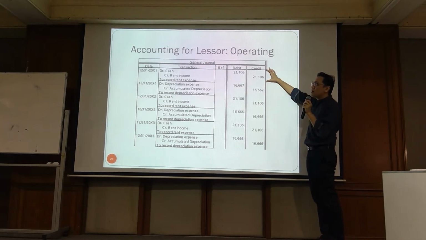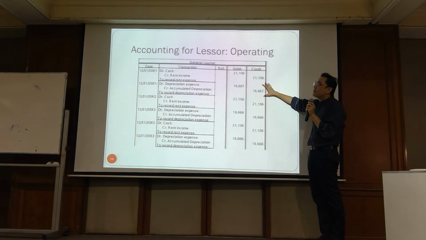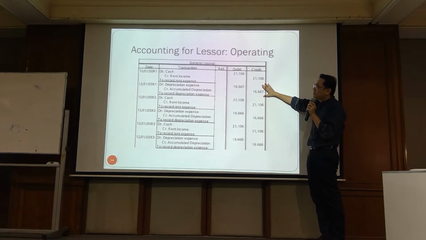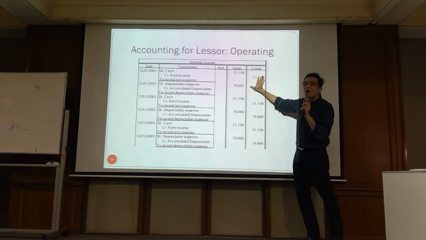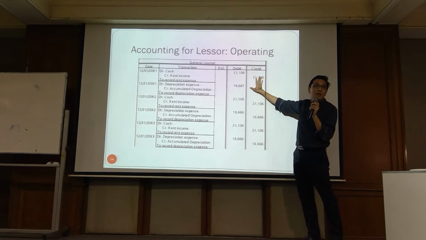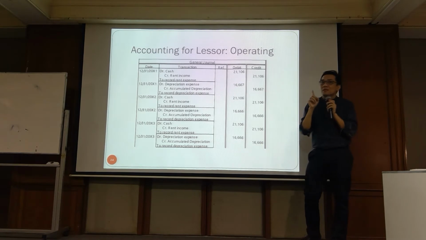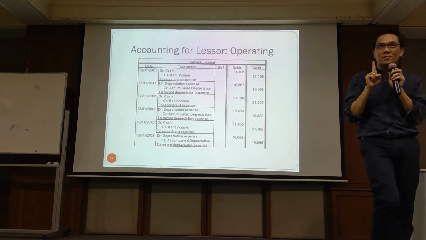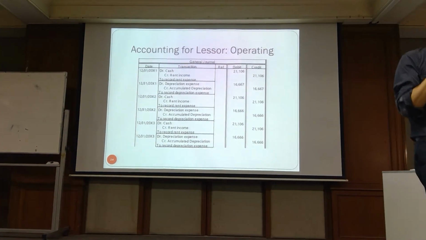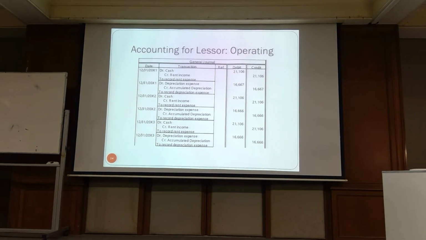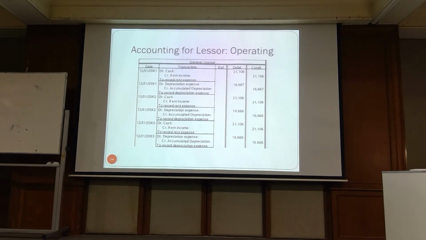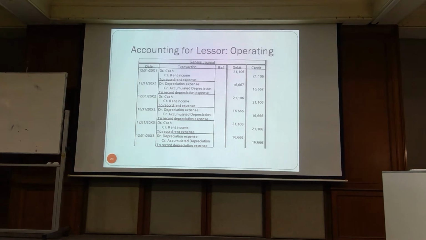Not only do you get rent income, you also have depreciation expense. Looks like you make some profit too, isn't it? Revenue and expense. So, if you are the lessor, which one do you want to go for? Operating lease or finance lease? Looking back at what we just did 3 slides ago.